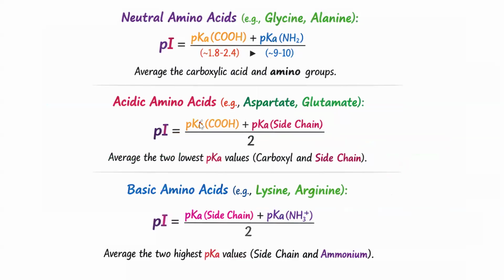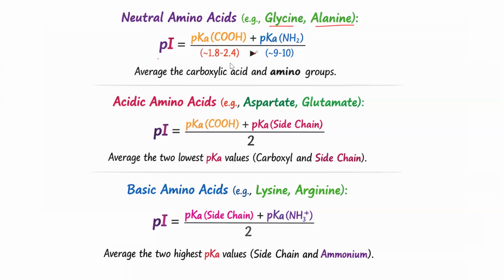So now let's look at the different ways of calculating the pI, that is, the isoelectric point of an amino acid. If you have a neutral amino acid, like glycine and alanine, to calculate the pI value you take the pKa of the carboxylic group and add it to the pKa of the amino group, and you divide it by 2.